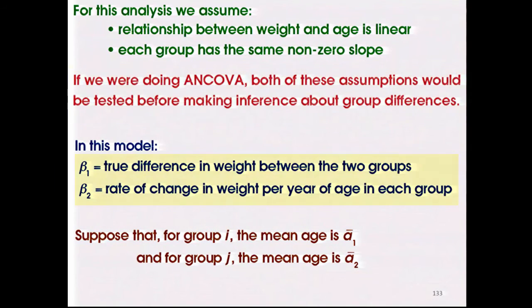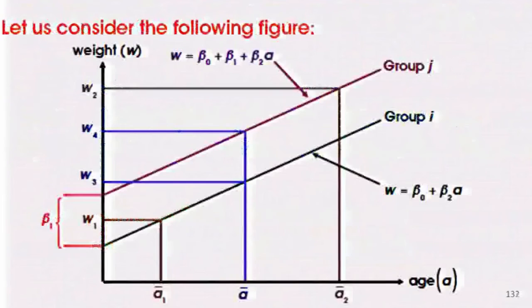Now in this model, beta 1 is the true difference between the groups. Here are the males, they have slope beta 2, and so do the females, but males have an intercept of beta naught plus beta 1. Females have an intercept of beta naught. So the true difference between males and females is beta 1. Because they have the same slope, I can focus on the intercept.